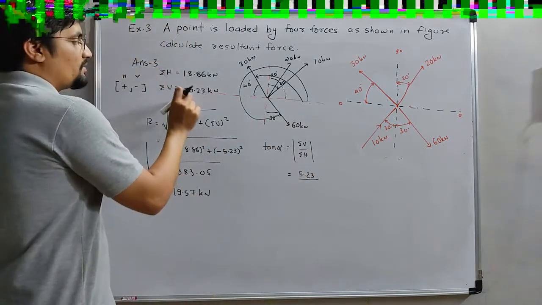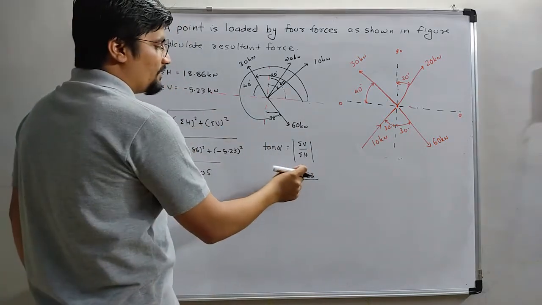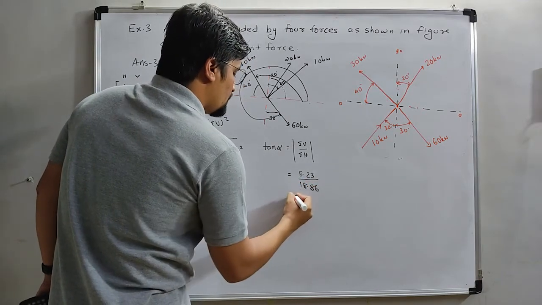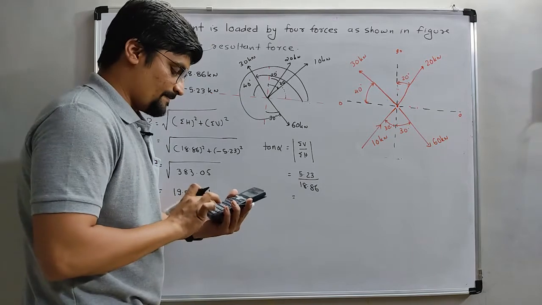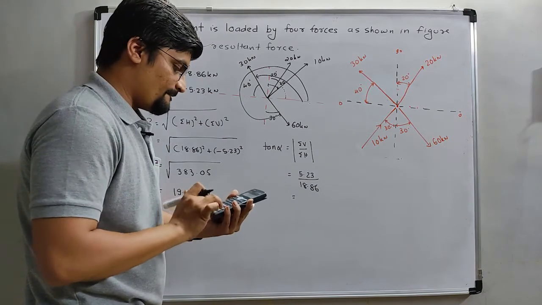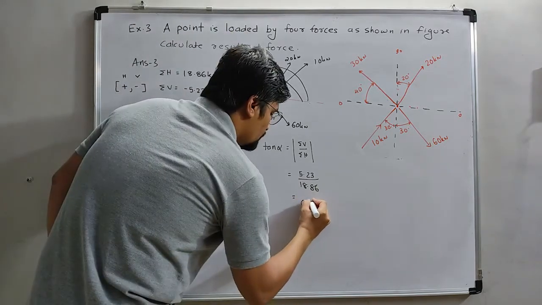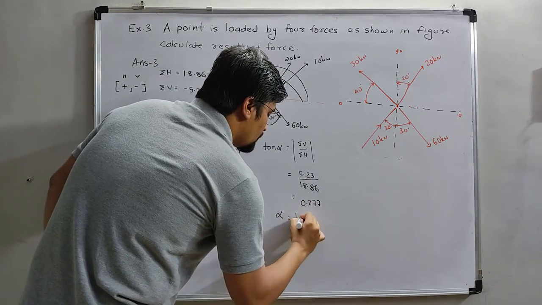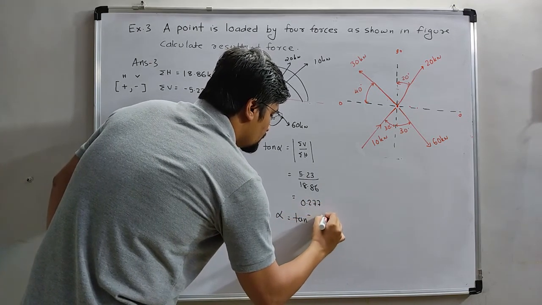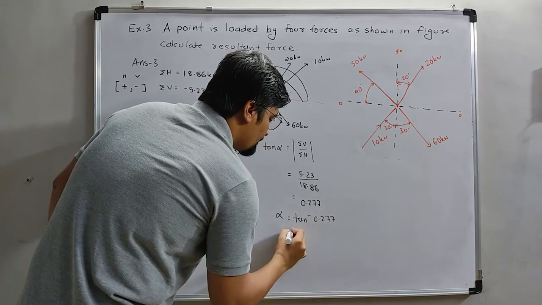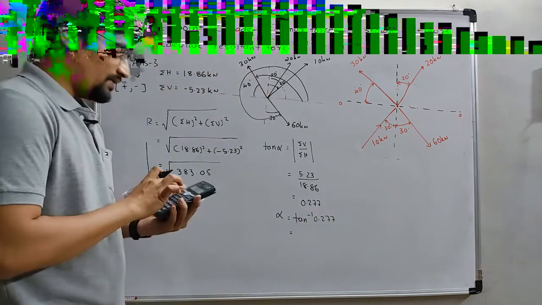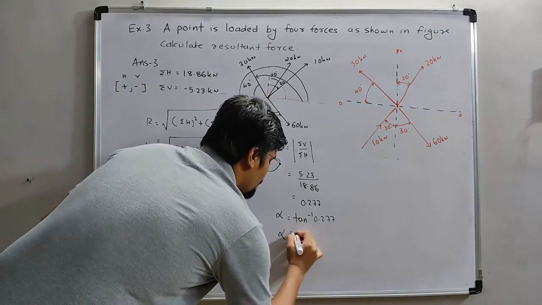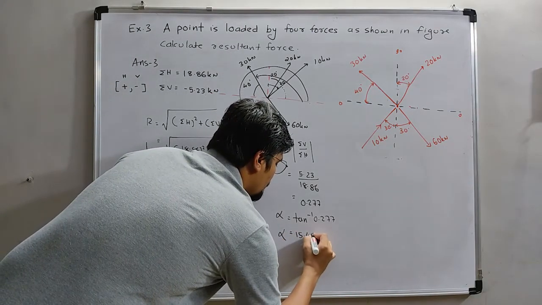So the minus 5.23 value becomes positive. 5.23 divided by 18.86 is equal to 0.277. So alpha is equal to tan inverse 0.277. Your alpha will be 15.49 degree.